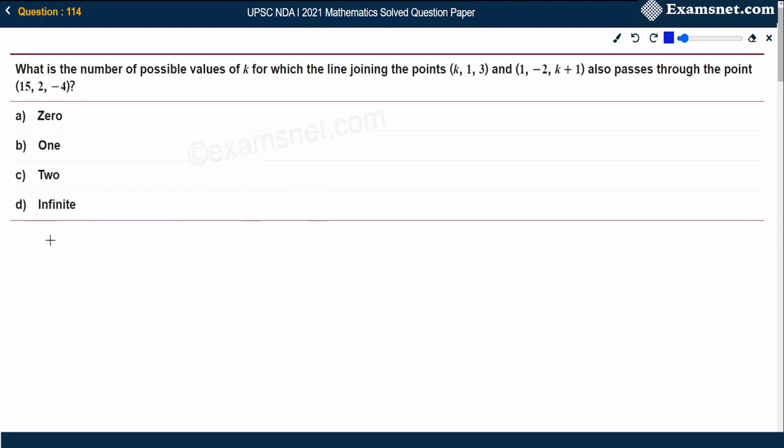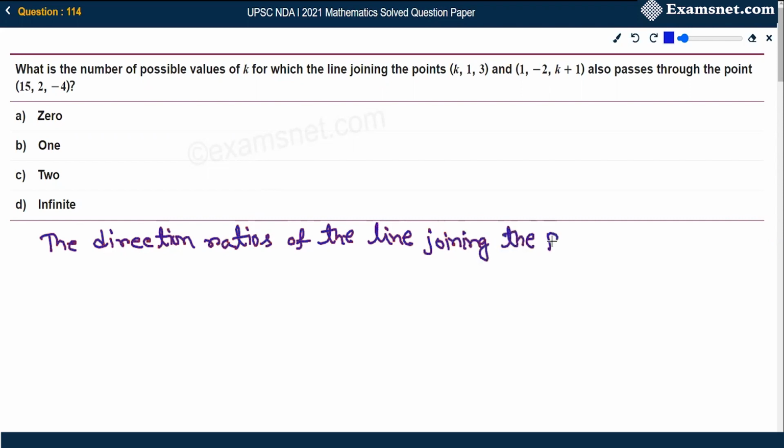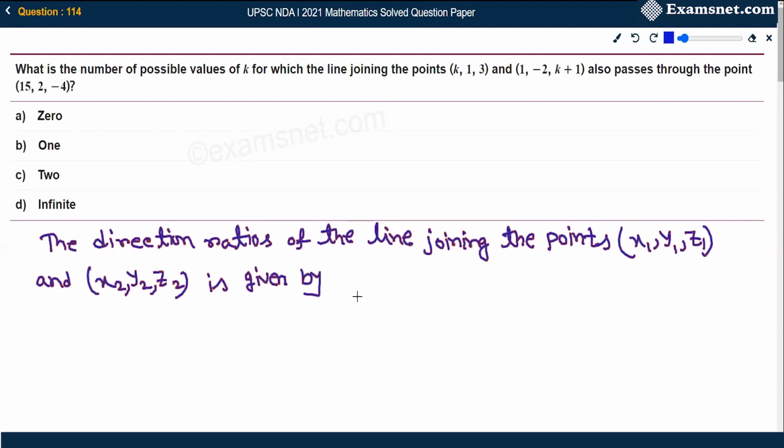First, the direction ratios of the line joining the points x1, y1, z1 and x2, y2, z2 are given by A equals x2 minus x1, B equals y2 minus y1, and C equals z2 minus z1.